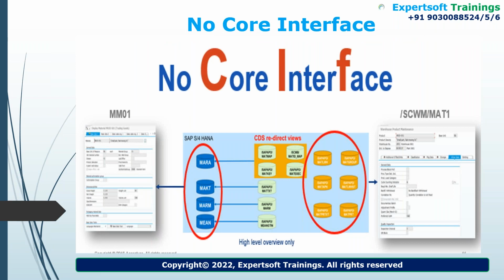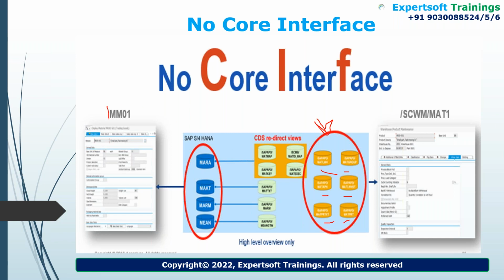Okay. In addition to this, your material master data is also not required to be sifted in S4 HANA. Why? Because both systems are in the same client, on the same server, and both are using the same set of tables. So there is no need to create or distribute the material master.